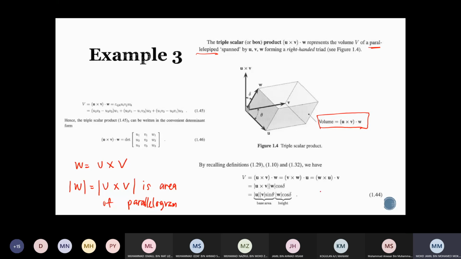Okay, this is the derivation. If you are interested you can try to understand it, but if not, that's fine. To find the volume, you just cross U and V dot W, or you can do V cross W dot U, or W cross U dot V, but make sure it is an even permutation.